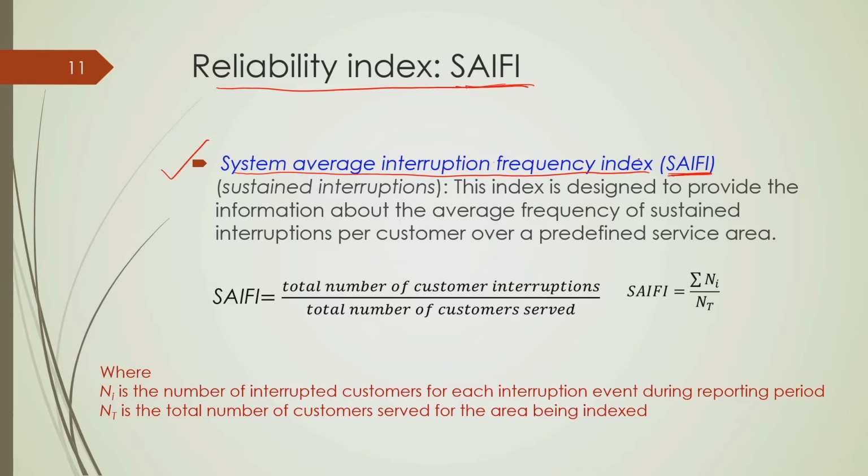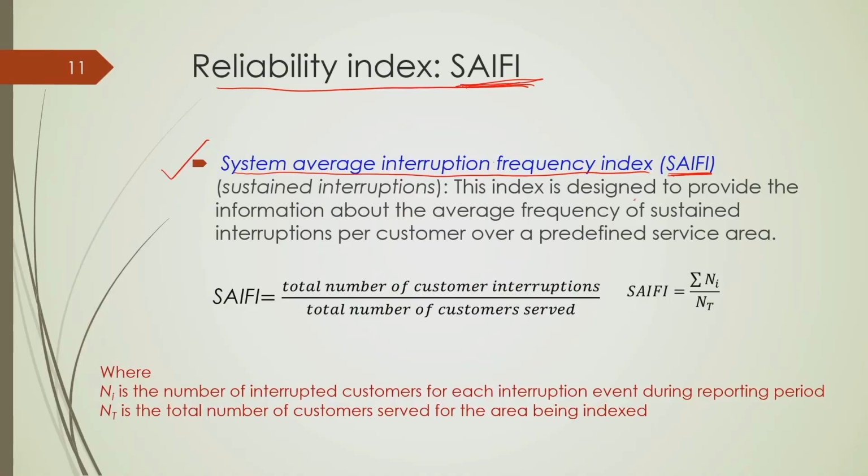This is a common form of reliability index many utilities use to assess the reliability of their network. This index is formulated to provide information about the average frequency of sustained interruption, so it is applicable for sustained interruption.